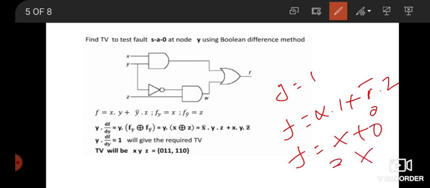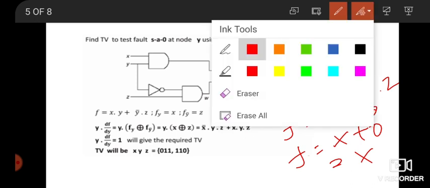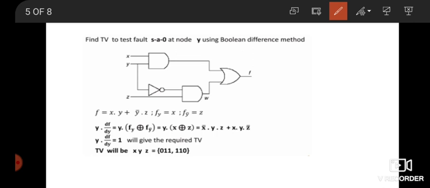This is the fault free circuit output value, written as Fy equal to x. Then the next step is to find Fy bar. Here we substitute y equal to 0 in the expression, so Fy bar equal to z.